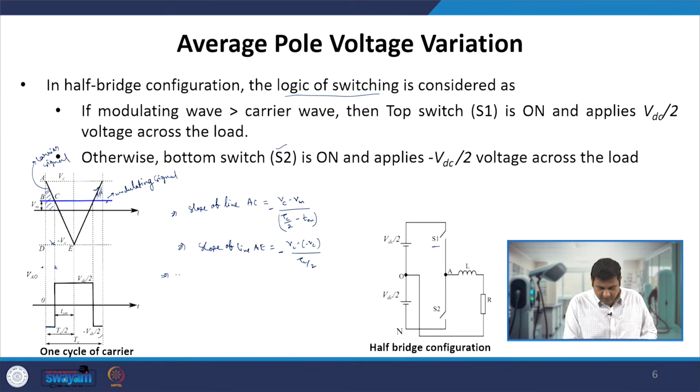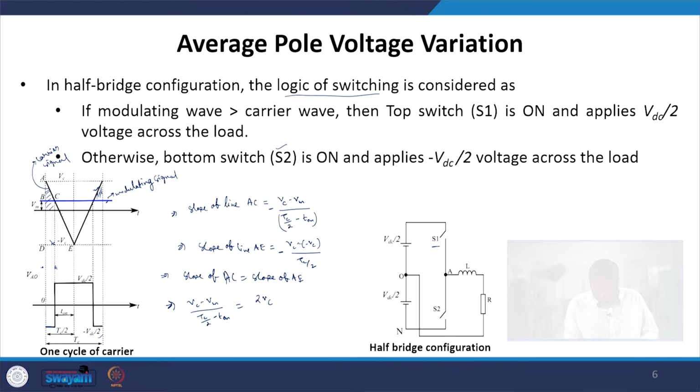That means the slope of AC is equal to the slope of AE, so Vc minus Vm by Tc by 2 minus T on is equal to 2 Vc divided by Tc by 2, because the minus becomes 2 times plus Vc.